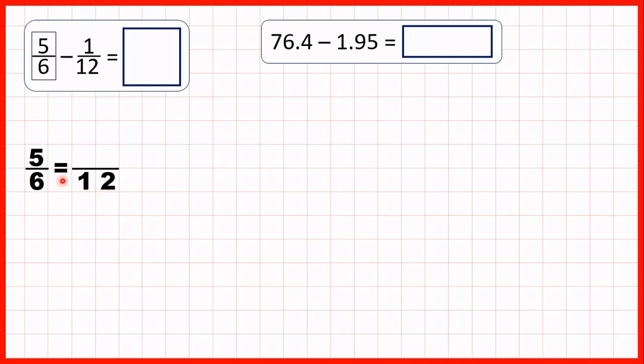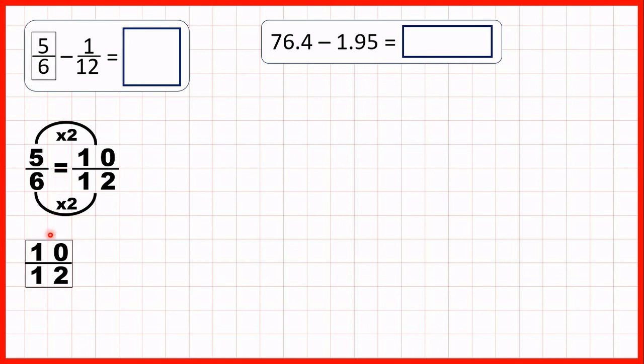To find equivalent fractions, we use multiplication or division, and 6 times 2 is 12, and what we do to the denominator, we need to do to the numerator as well. 5 times 2 is 10, so we can rewrite our question. Instead of 5/6, we can write 10/12, because 10/12 is equivalent to 5/6.